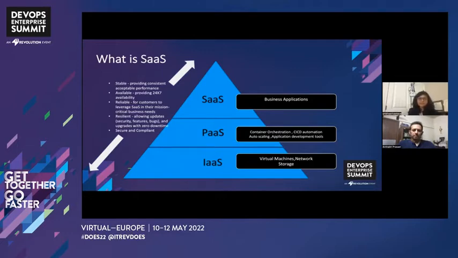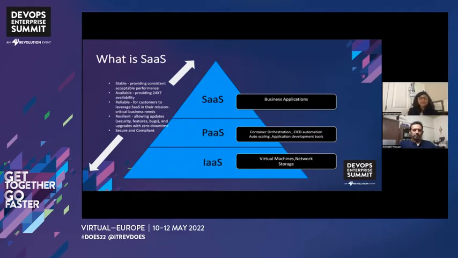And this includes things like container orchestration, CI/CD pipeline, auto scaling of the underlying compute resources, Kubernetes, and other application development tools. And the SaaS is the business application that provides the business capability or the user capability that businesses are looking for to include in their mission critical needs or to use the SaaS directly for their users.